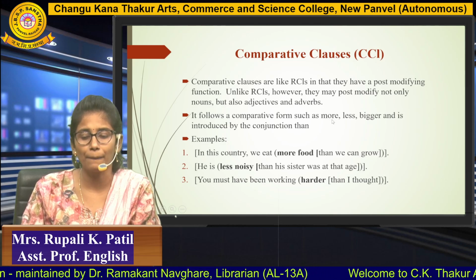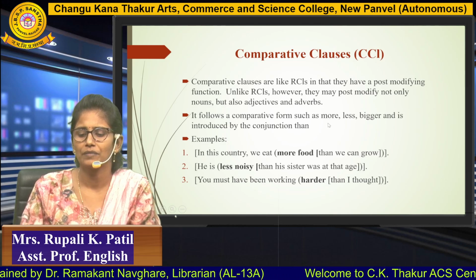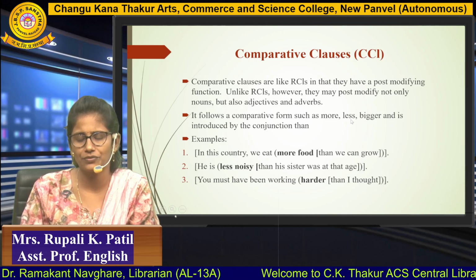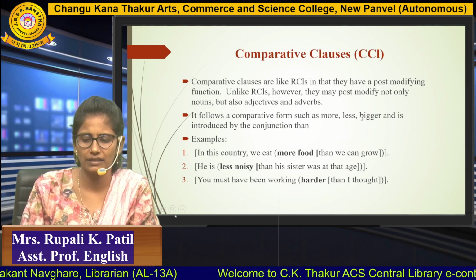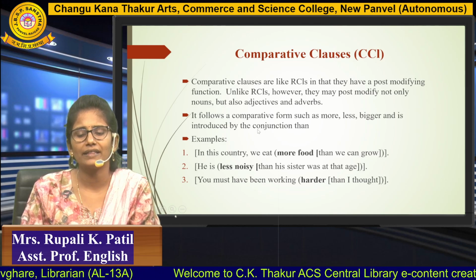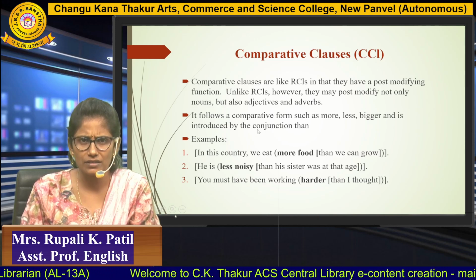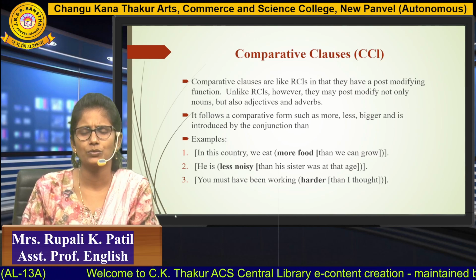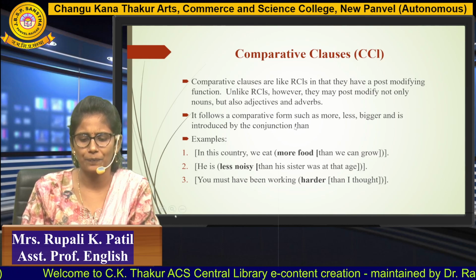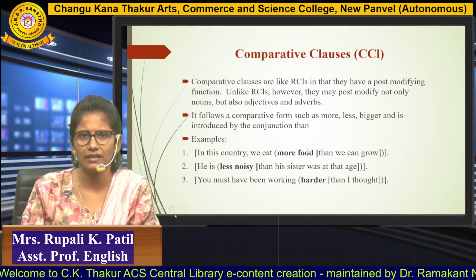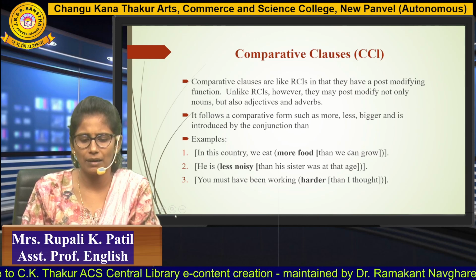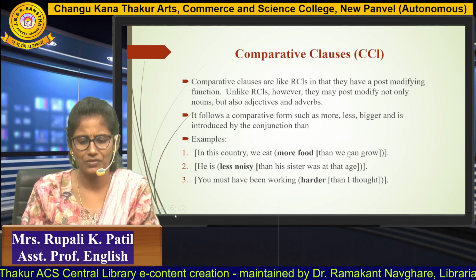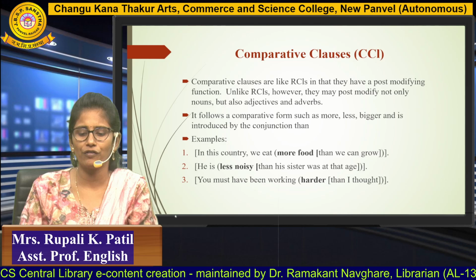With words like more, less, bigger, smaller, we compare things with other things, and the clause is introduced by the conjunction than. So a comparative clause always begins with the conjunction than, which makes it very easy to identify. For example, in this country, we eat more food.